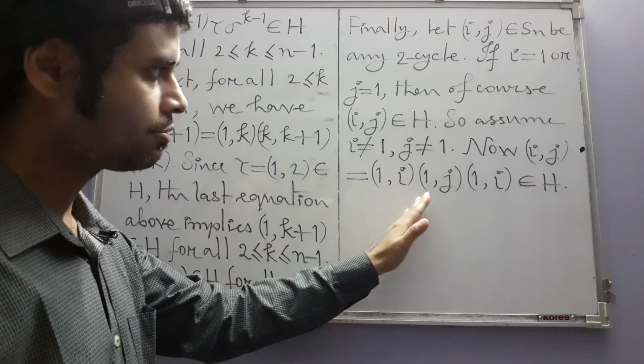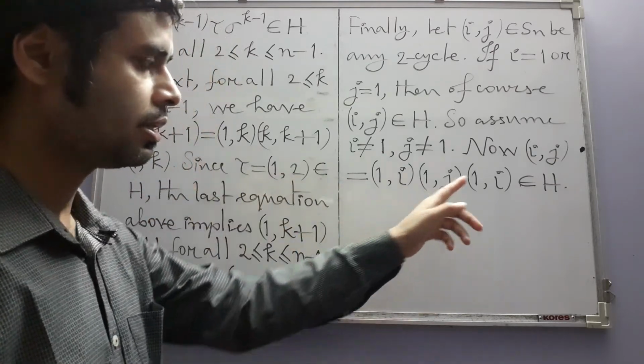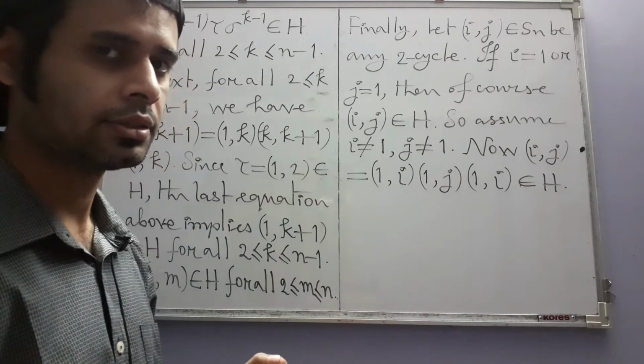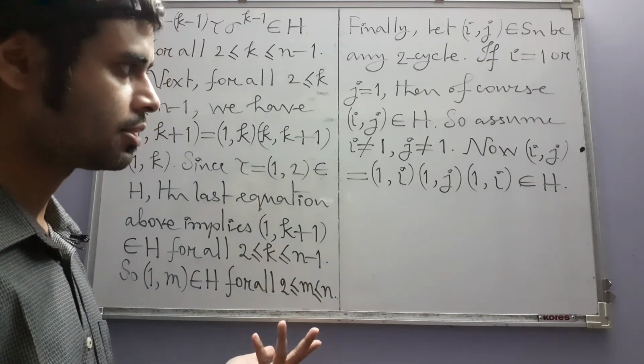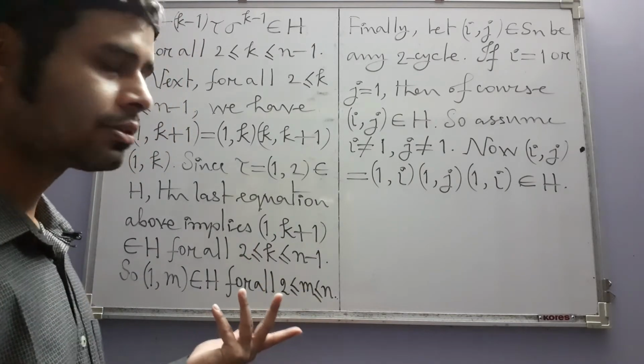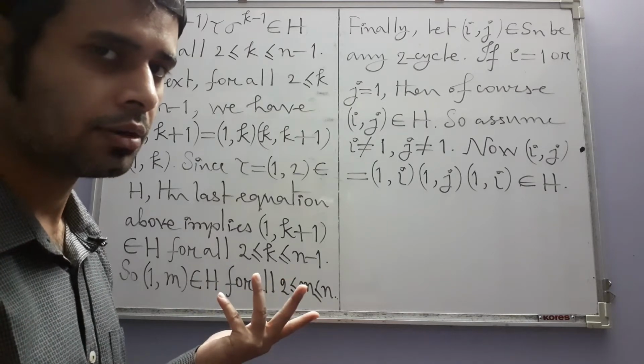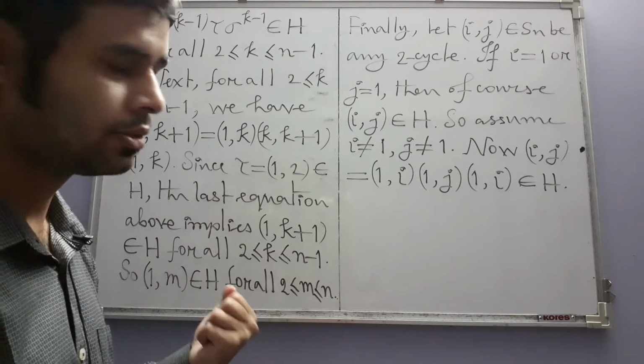From that, it now follows that any permutation in Sn is actually in H. In other words, Sn is a subset of H, but H is already a subset of Sn, so they are equal. So that way, H is equal to Sn.